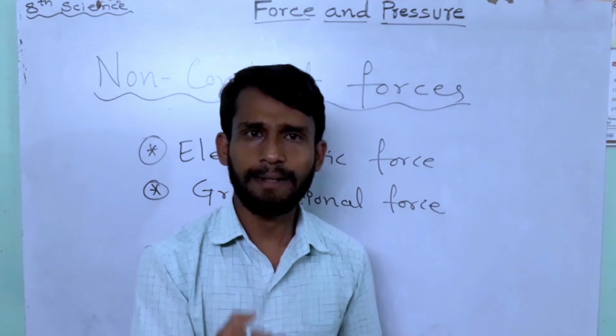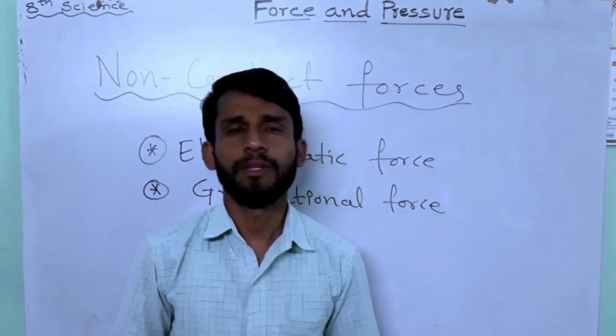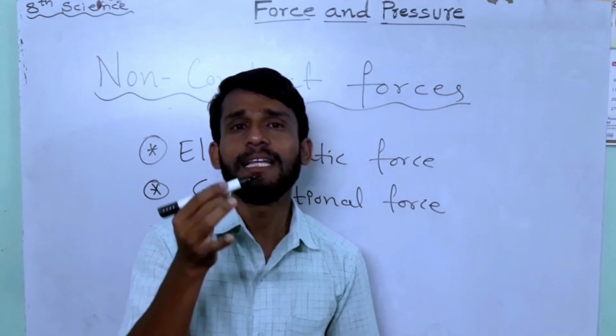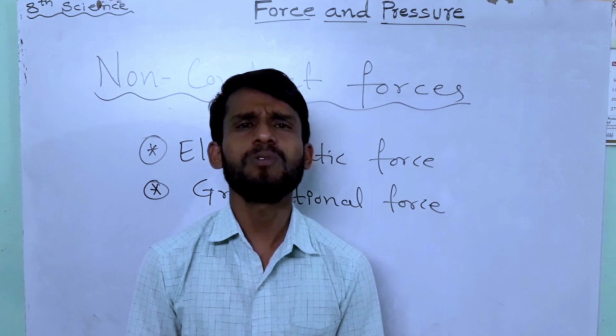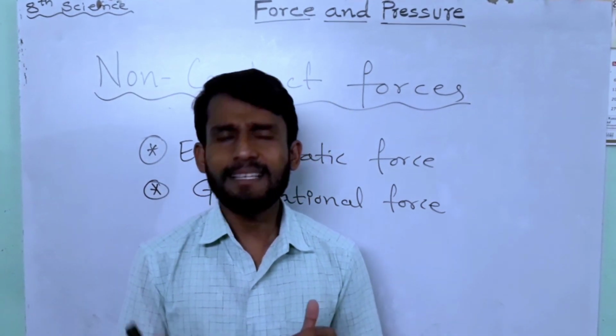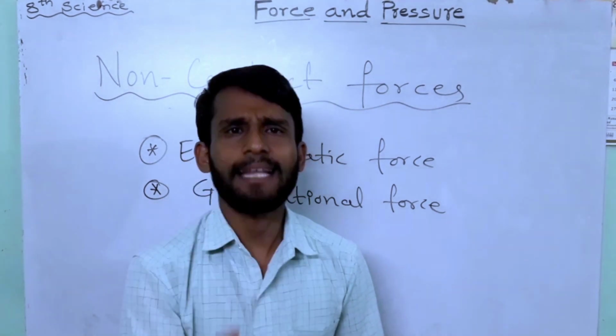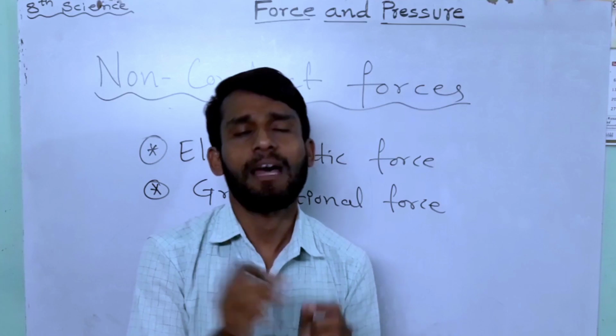When the pen you are writing with slips from your hand, it falls downward only, not upward, because the earth is attracting the object because of gravity.